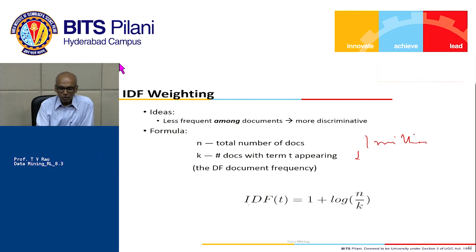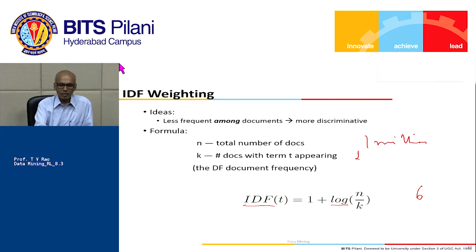Then we determine the IDF based on this ratio, but to reduce the range and make the data more manageable, we can use a logarithm. So if we apply log 10 to this 1 million, we get a value of 6.